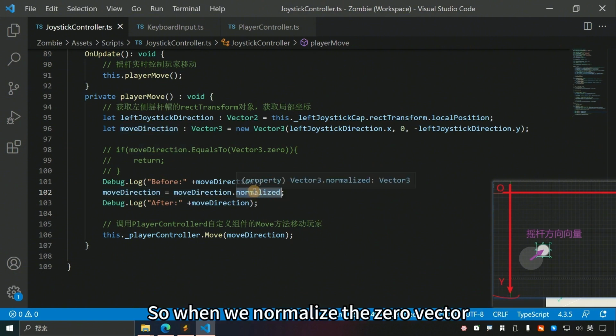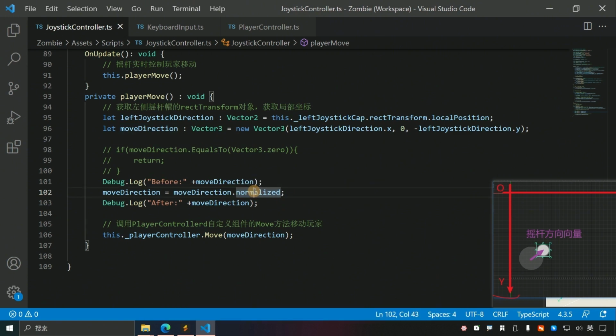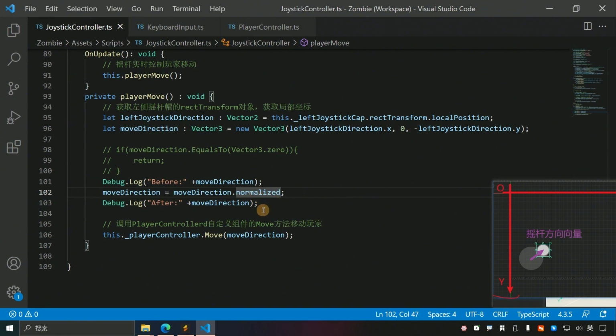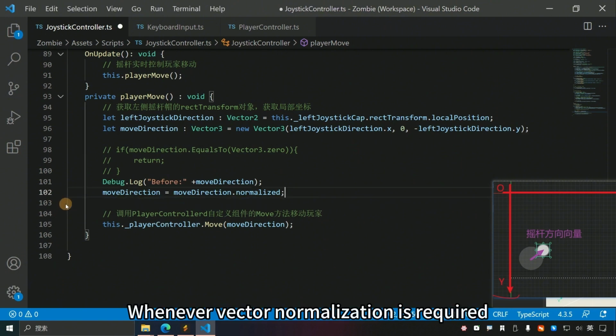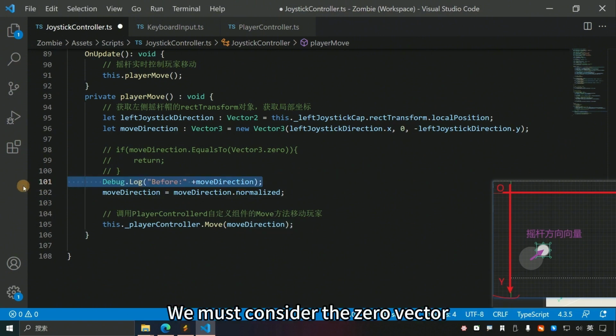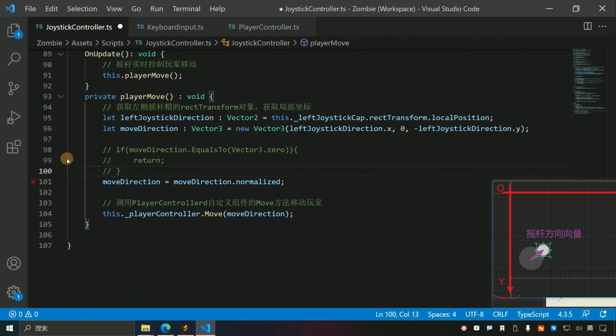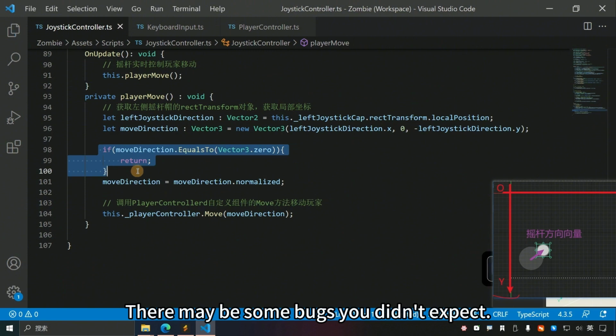So when we normalize the zero vector, it just defaults to the unit vector in the x-axis direction, 1. So remember one thing: whenever vector normalization is required, we must consider the zero vector. Otherwise, there may be some bugs you didn't expect.